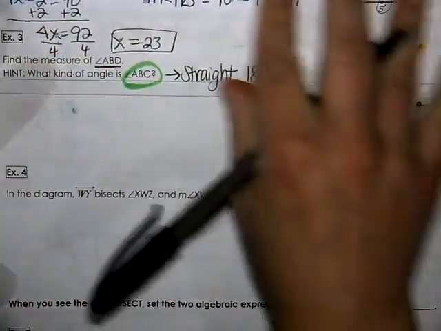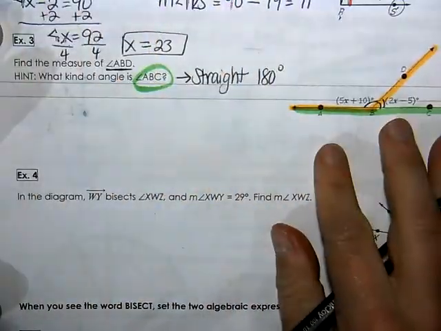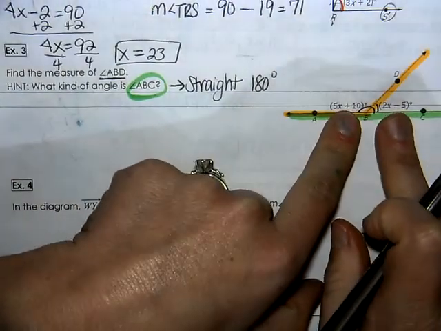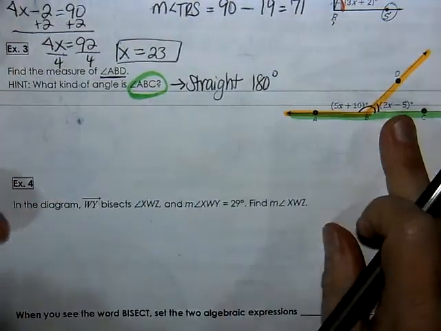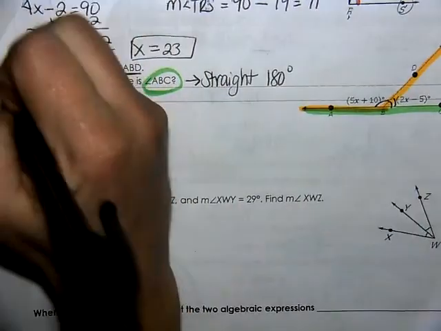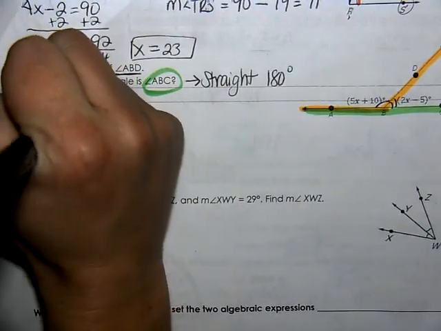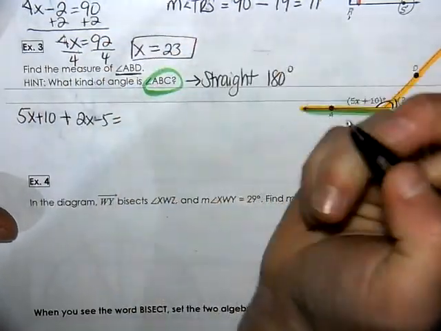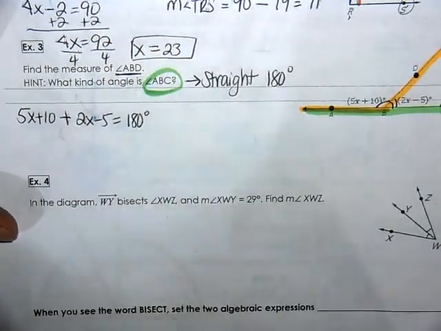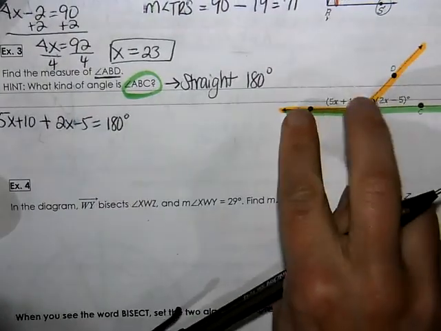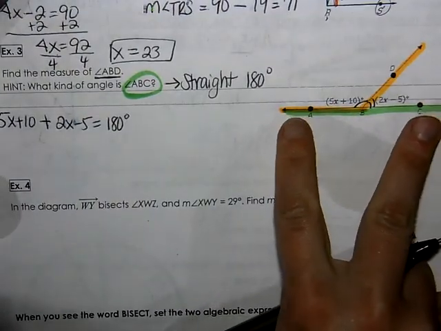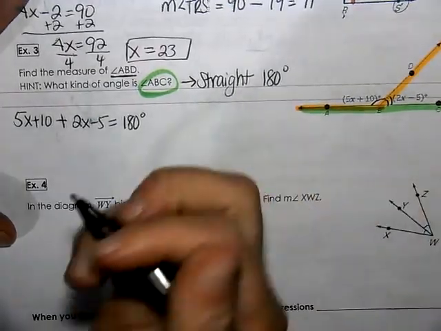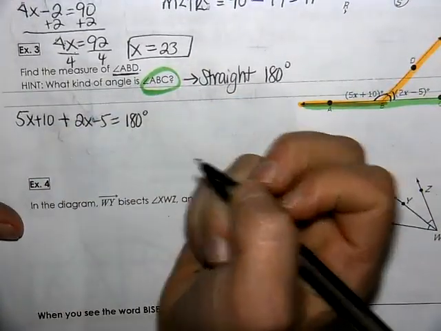So nowhere in this problem do you see the word bisect. So we cannot just say that these two angles are equal to each other. Instead, what we're going to say is that 5x plus 10 plus 2x minus 5 is equal to 180 degrees. We're going to use part plus part equals the whole because we know that the whole angle is 180 degrees.